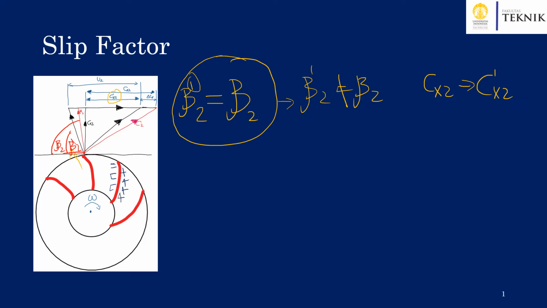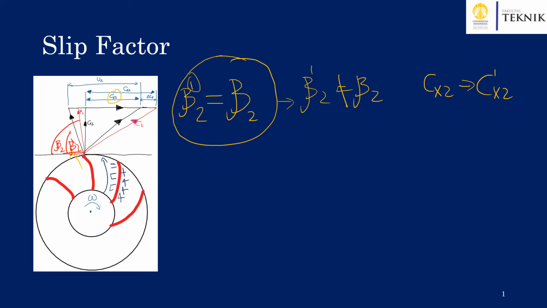This pressure difference between the two faces of the blade creates a non-uniform velocity distribution across the blades when the fluid passes the blades of the impeller.